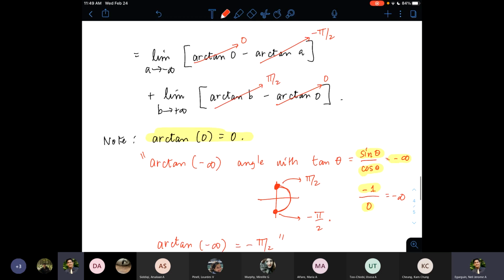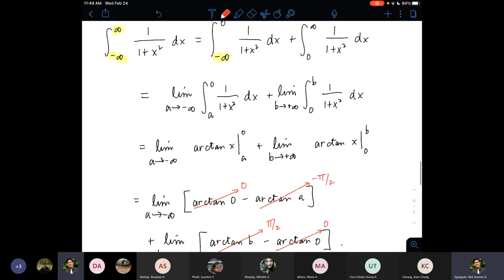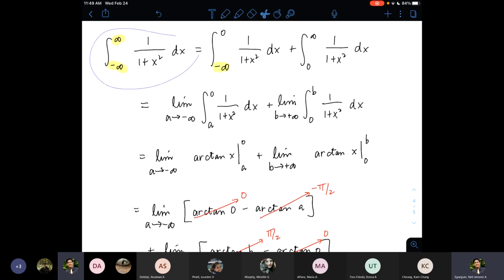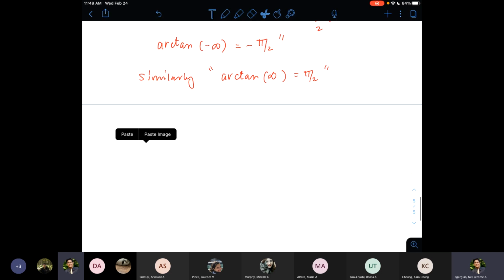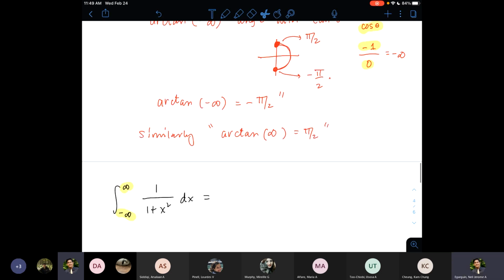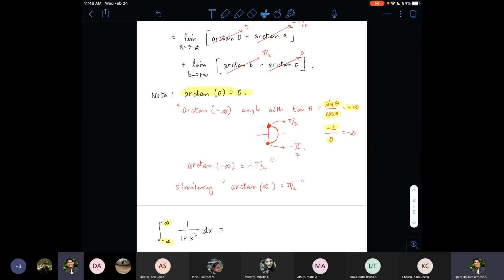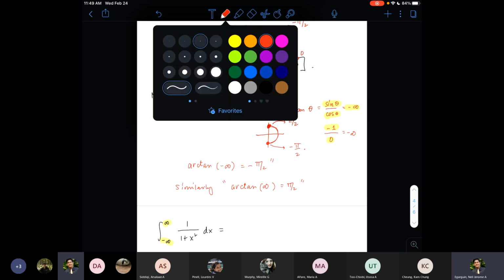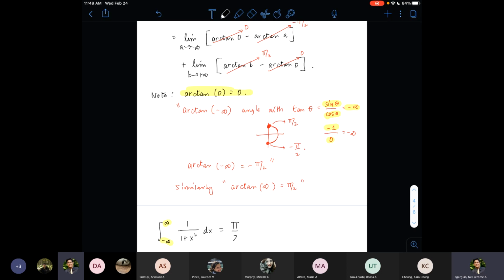So if we simplify, we get what? Hold on, let me just copy this over here. So this would be equal to what? We have 0 minus negative pi over 2, so that's pi over 2. Plus, for the second term, we'll have pi over 2 minus 0, so that's pi over 2.